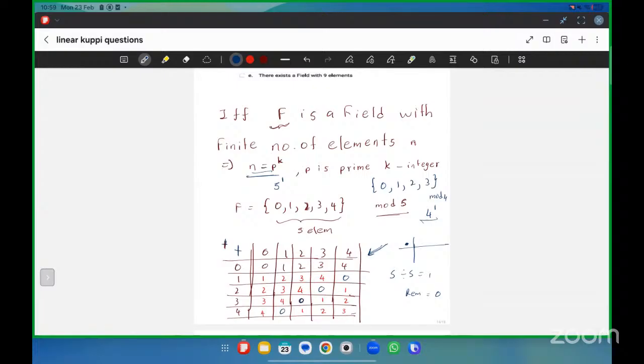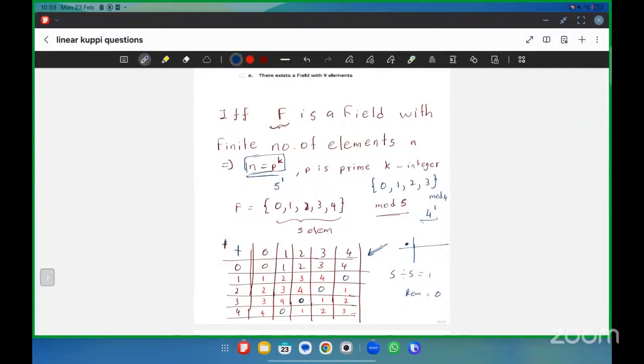Or we can tell, if there is a number of elements of this kind, we can obtain at least one field. We can't define which set and what the operations are, but what we can tell is there will exist one field.